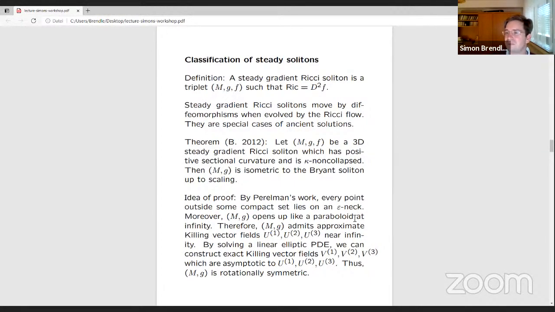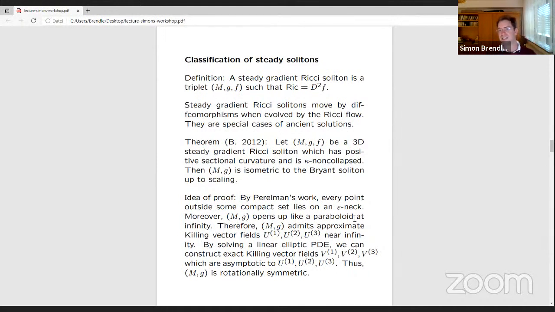It's just that the exceptional set of points that don't lie on an epsilon neck is larger, but it's still a bounded set. So basically, as you go out to infinity, the end becomes more and more neck-like. Now, in the soliton case, it's also not terribly hard to show that this manifold has to open up like a paraboloid at infinity.